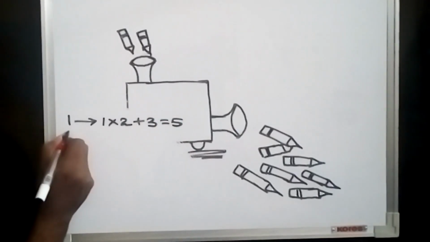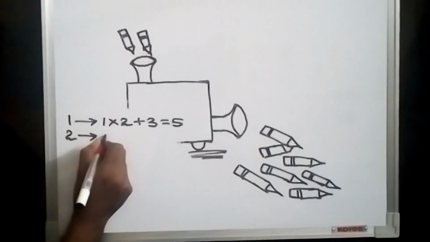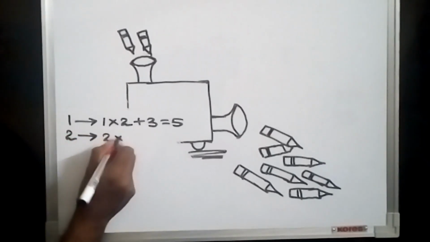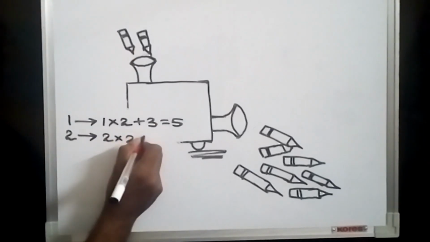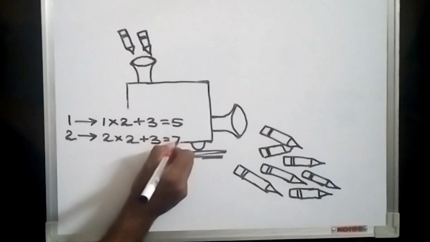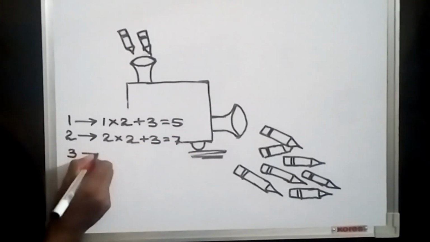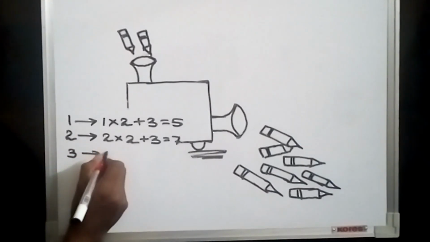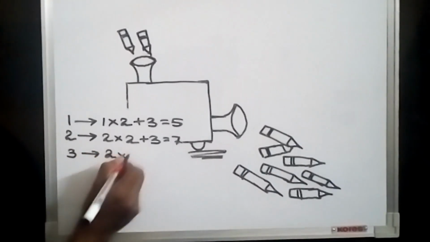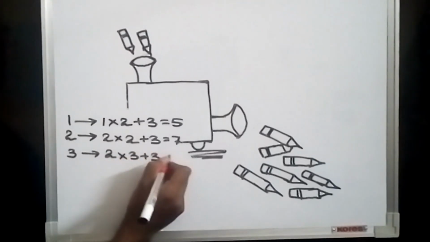And if I put 2 into this machine, I will get 2 into 2 plus 3 equal to 7. If I put 3 into this machine, I will get 2 into 3 plus 3 equal to 9.